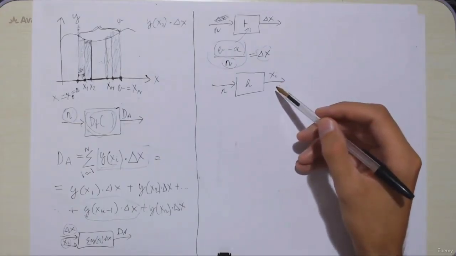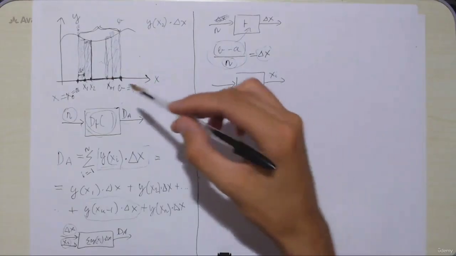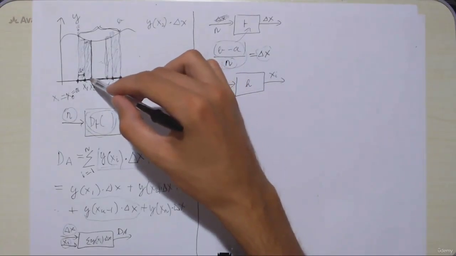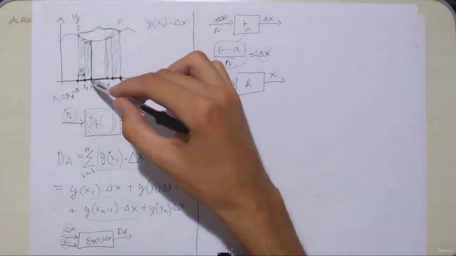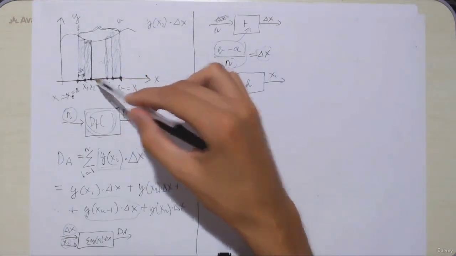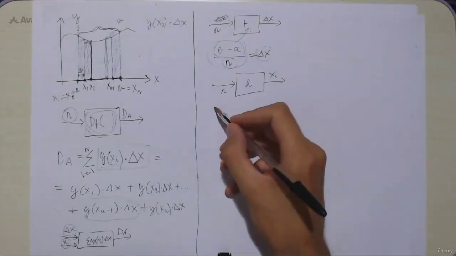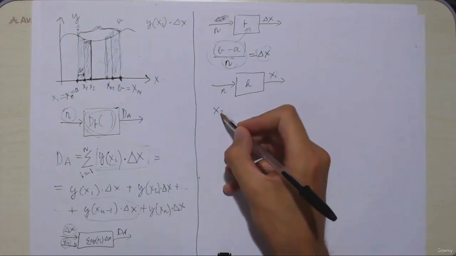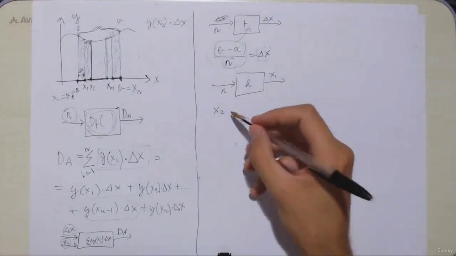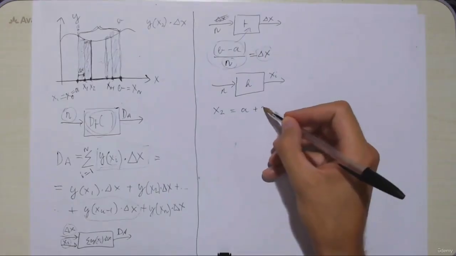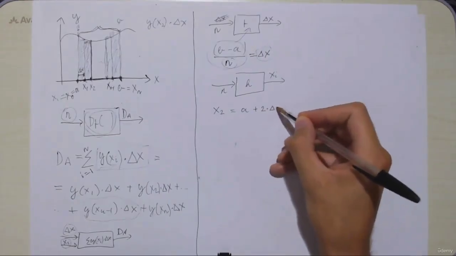Well, one way to do it is, let's just pick a random point. Let's just pick x2, right? So how would we get to x2? Well, I could write down an expression like this. I could say that, for example, x2 equals a plus 2 times delta x.